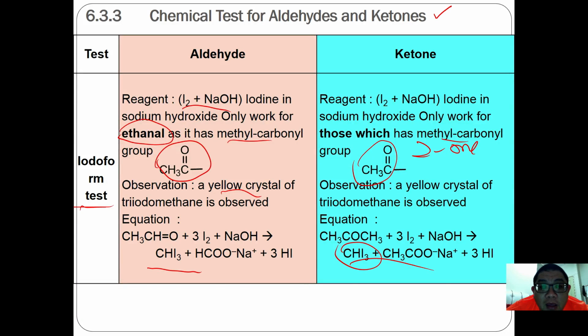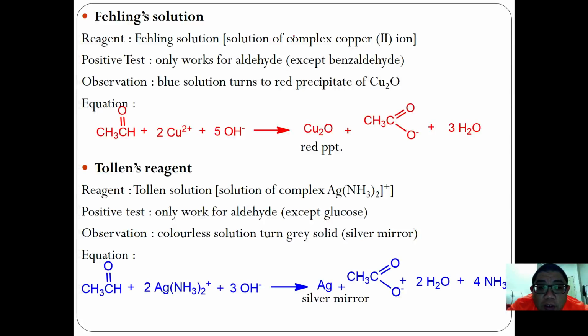The second reaction is the Fehling solution. Fehling solution is actually a solution containing a copper complex. In alkaline solution, it works only for aldehyde except for benzaldehyde. Benzaldehyde will not work for Fehling. In the reaction here, where it is an aldehyde, for example ethanal, when you react with copper, it will turn from a blue solution to a red brick precipitate.